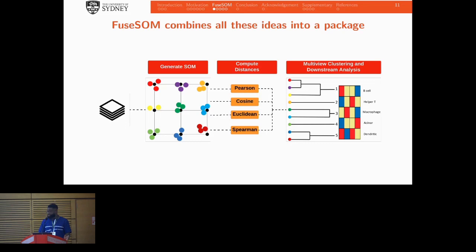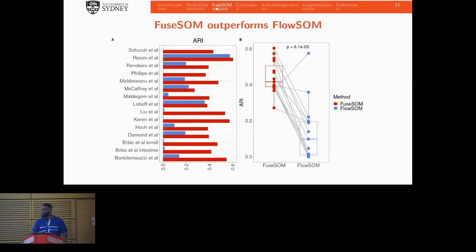So that's good and all, but how does it actually perform? I looked at, again, those same data sets and compared it with FlowSOM, which is quite often used for this kind of technology. Here I report the ARI, and you can see that if you look at the pairwise comparisons for almost all of the data sets, our method actually outperforms FlowSOM.